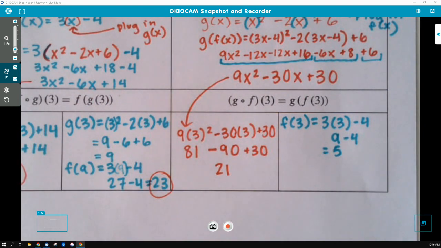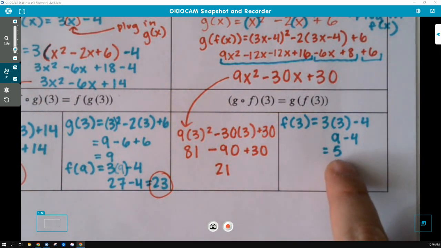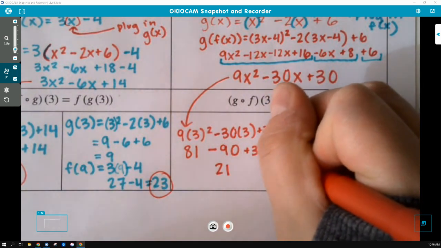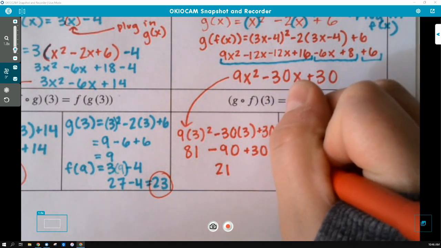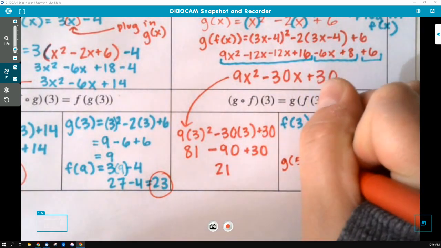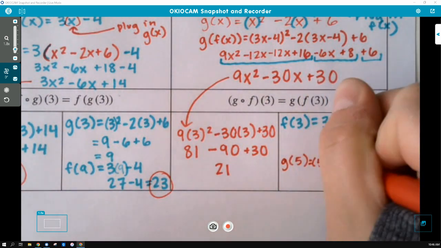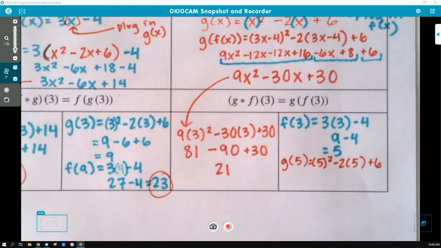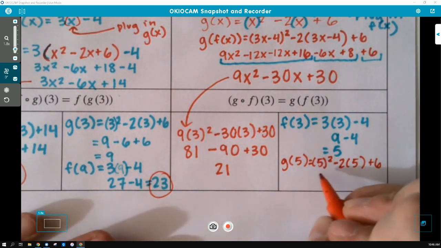Okay. And then the last thing that we need to do, so now we know that f of 3 is 5. We can plug that in to g of x. So g of 5 would be 5 squared minus 2 times 5 plus 6. 5 squared is 25.